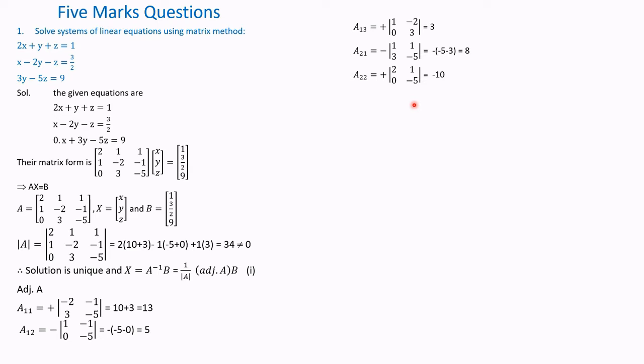You also observe that the original determinant was of the order 3 by 3, that is, A was 3 into 3, with 3 rows and 3 columns.